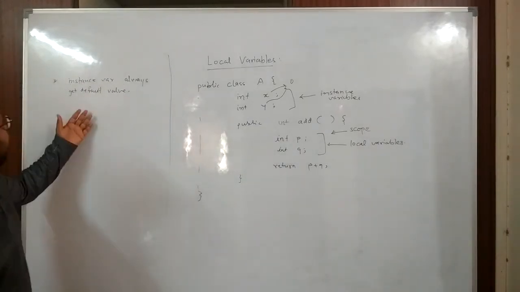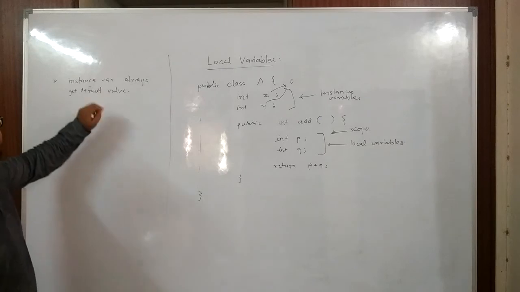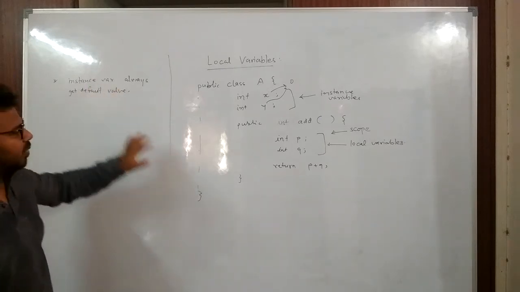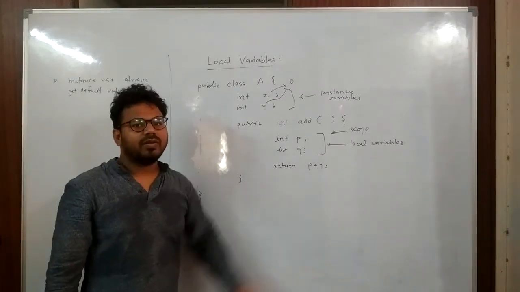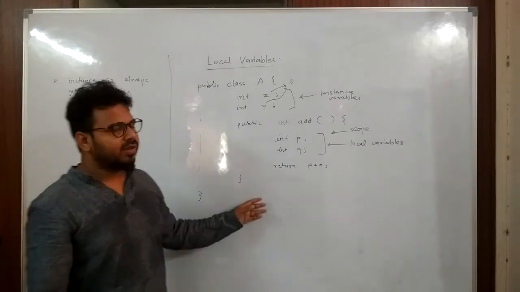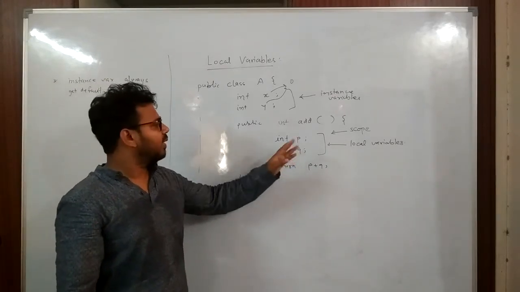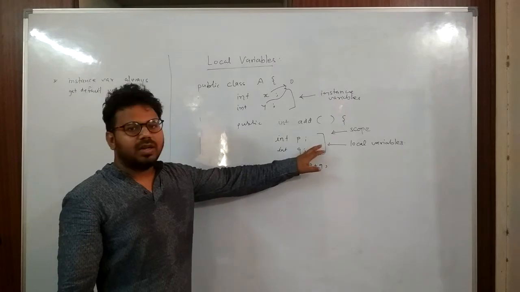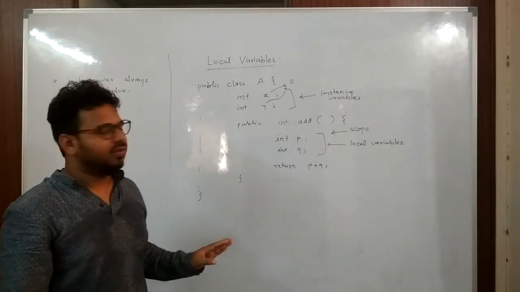I think you got the concept here for local variables. So what about the default value? For instance variables we always get the default value. What about local variables? Point to be noted here, for local variables we are never going to get a default value.